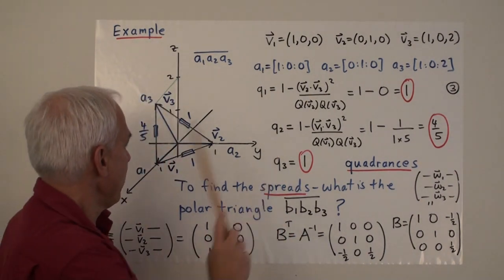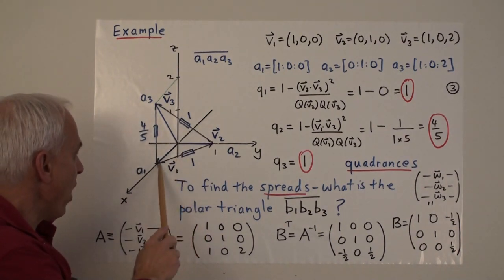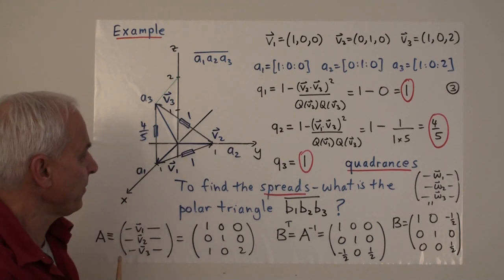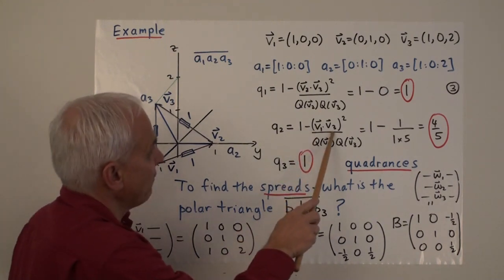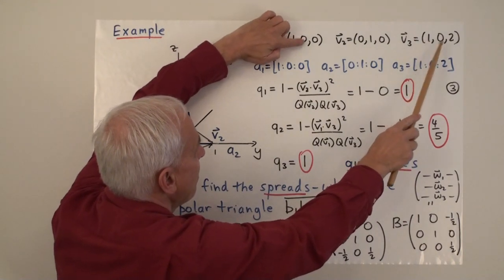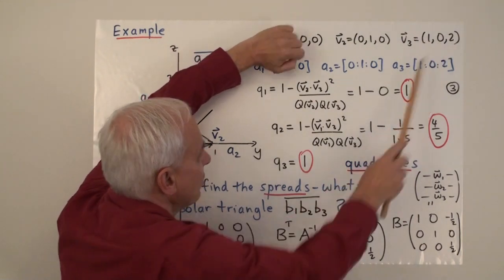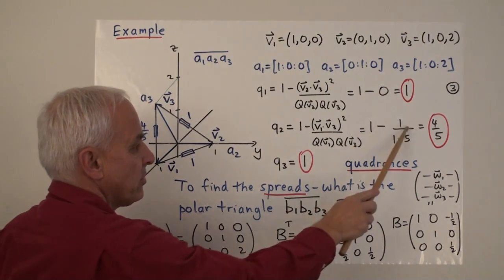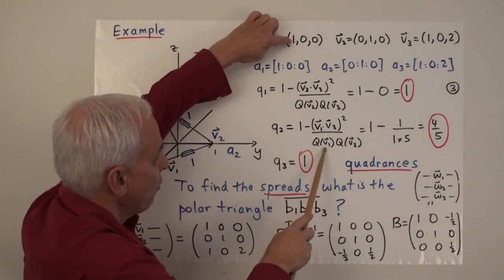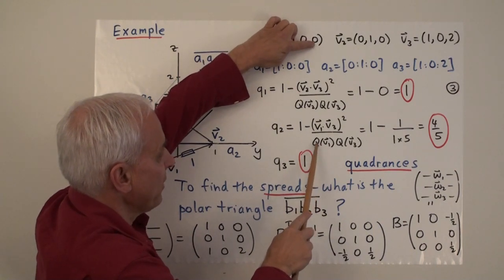How about Q2, the quadrance between V1 and V3? These are no longer going to be perpendicular. So the V1 dot V3, here we are up here, so the dot product is 1 times 1 plus 0 plus 0, a total of 1 up there, and so 1 squared is 1. The quadrance of V1 is 1 squared plus 0 squared plus 0 squared, that's 1.